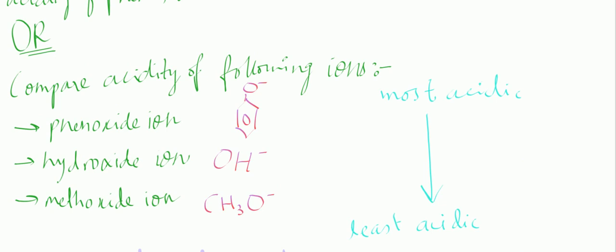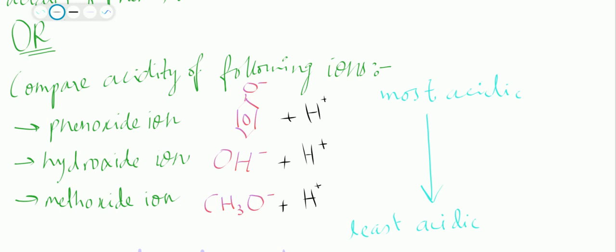Now, in phenoxide ion, obviously, along with phenoxide, we have hydrogen positive. So let's start with the phenoxide ion.